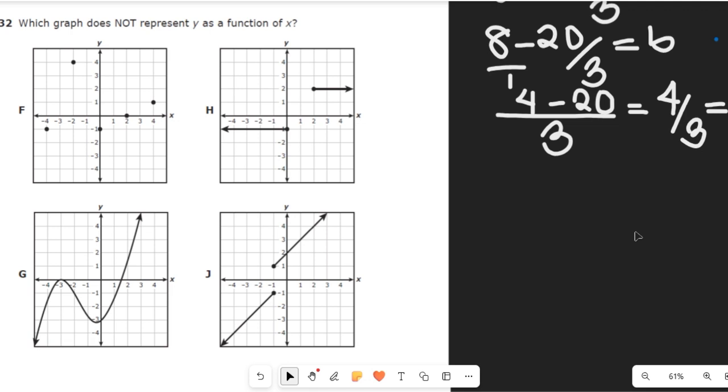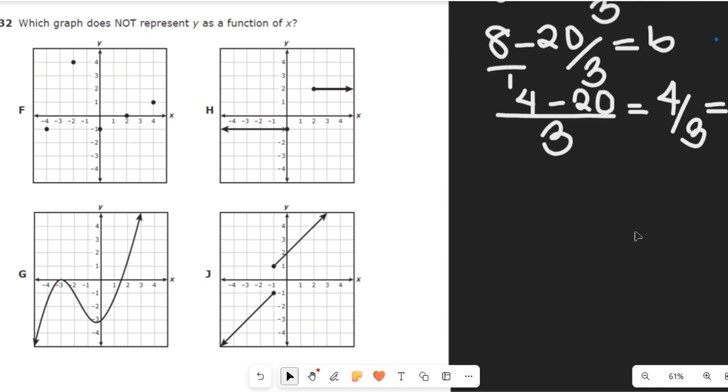Now, in a function, for every input, you must have an exact value of output. And there is no way you can have one input without having a corresponding output.